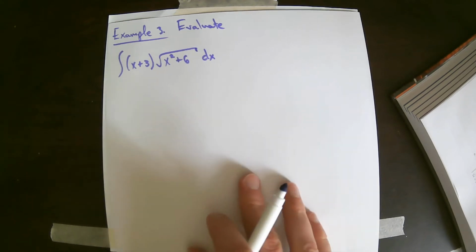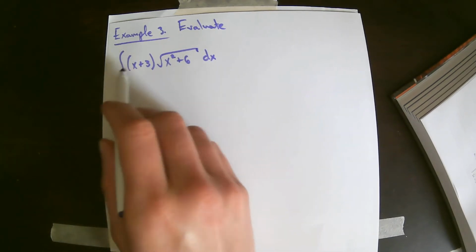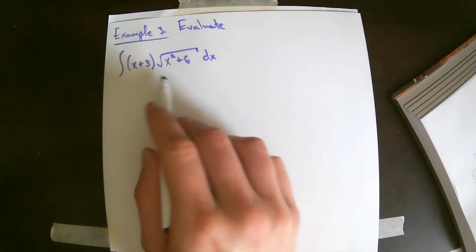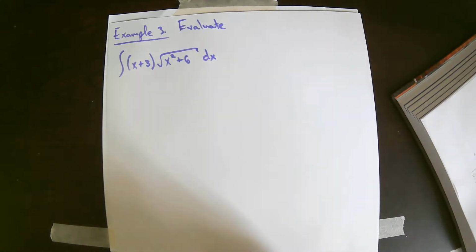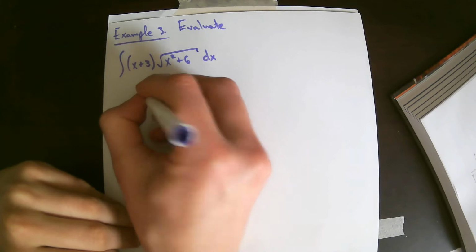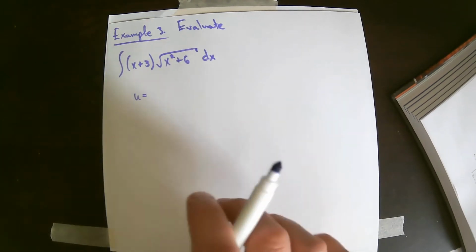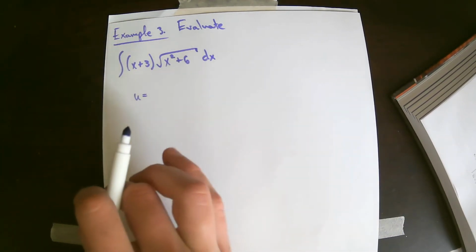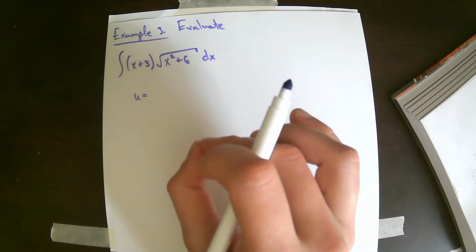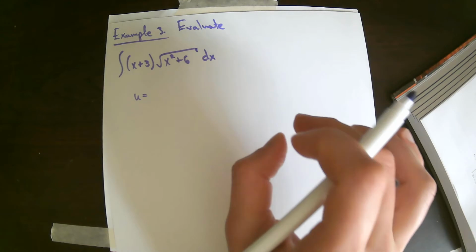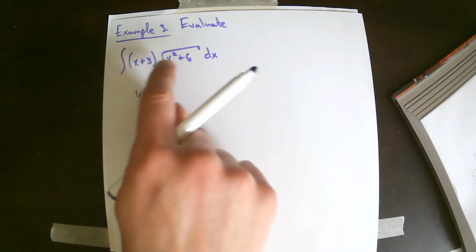Okay, so we need to decide what u is going to be. We have something wrapped in parentheses, and we also have something buried under a radical. Now, think about what you're going to do to the variable u. You're going to take its derivative, right? And the point is that that derivative should cancel out one of these, right?